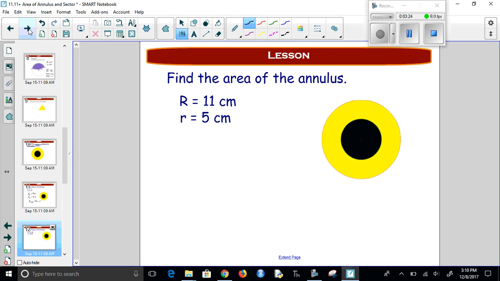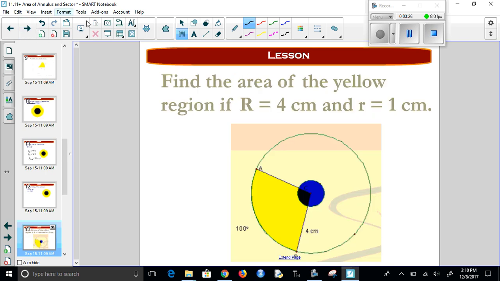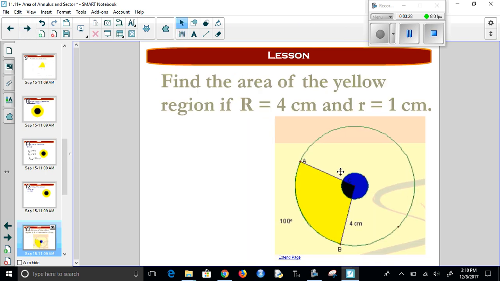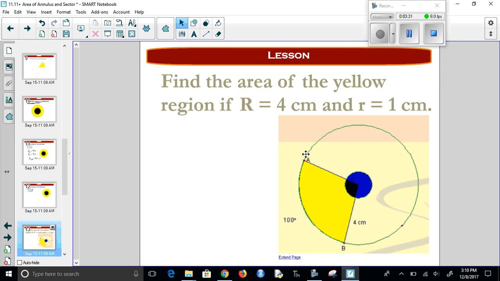Same thing here. I think you guys could probably work your way through that. This one's slightly more complicated, so I'll give you a look at this. There's two ways you can do it. If we just want this yellow region out here, we can find what the yellow region is for the whole thing and just do 100 out of 360ths of it. I think that's probably the easiest thing.